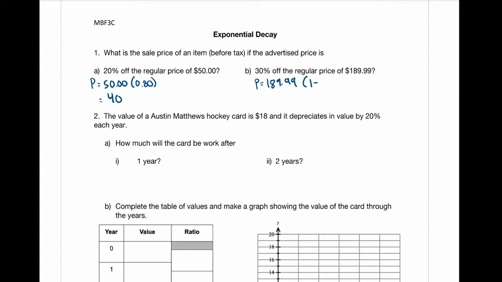I'm going to subtract 30%, or 0.3, and when I multiply that, I should get my sale price. So when I simplify it, I'm basically multiplying $189.99 by 0.7, or 70%. Because if I take 30% off my price, I'm paying for 70% of it, or 70% is how much I have left.